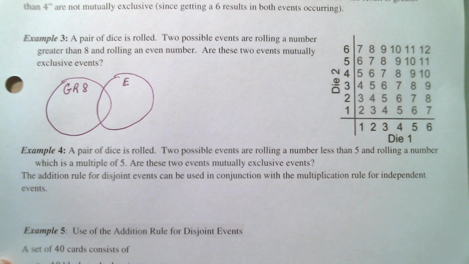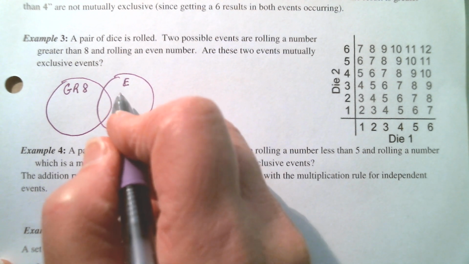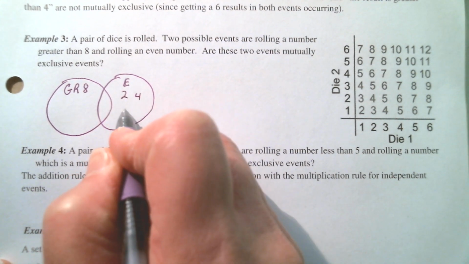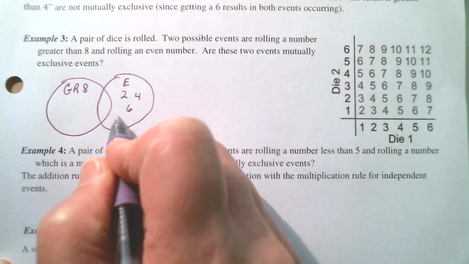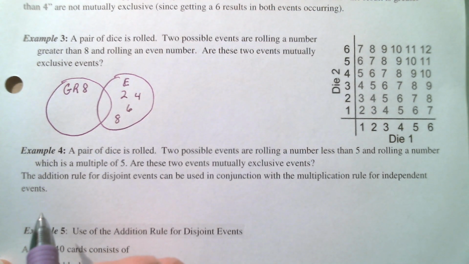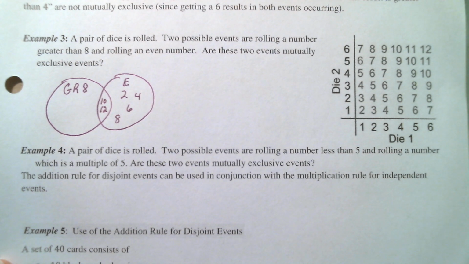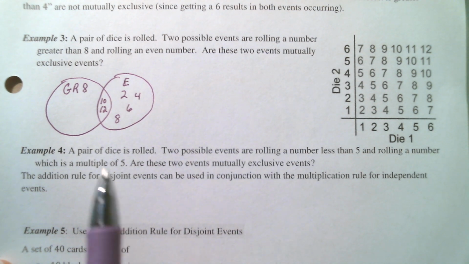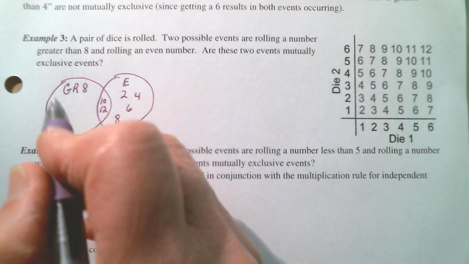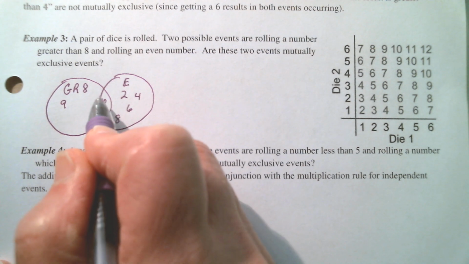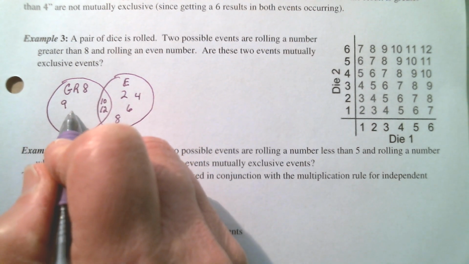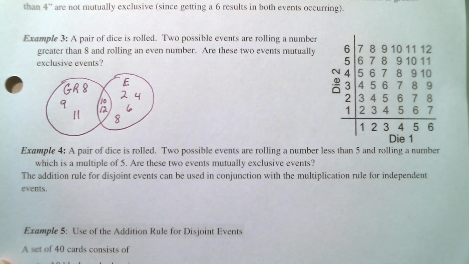So our evens, we would have 2, 4, 6, 8, and then 10 and 12 would go in the overlap region because they're also greater than 8. And greater than 8, we would have 9, 10, 10 is in the overlap, and 11.